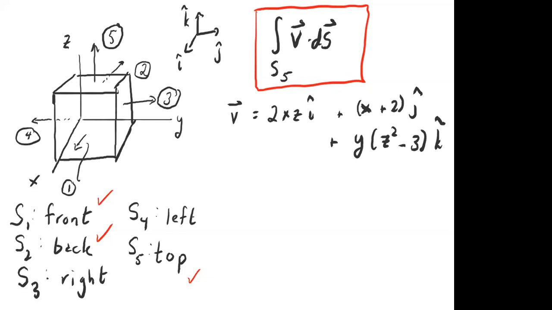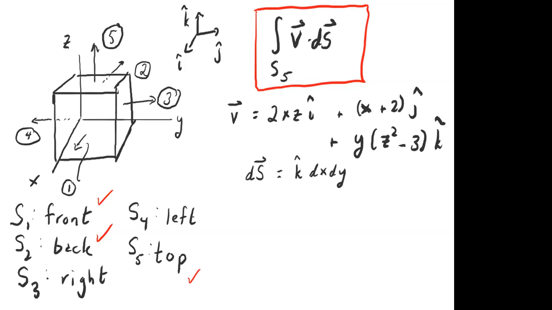The next thing I need to do is figure out what the differential surface element is along S3, S5. And by inspection, that's a vector that points in a positive k hat direction, and it has a magnitude of the product of dx and dy.